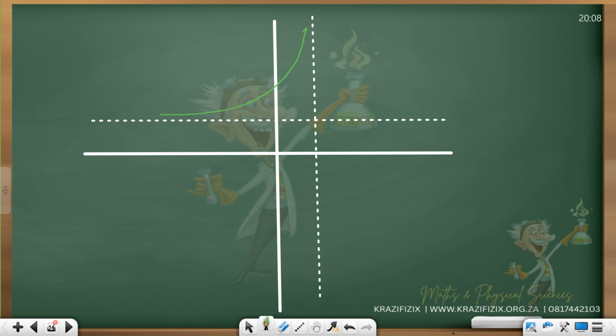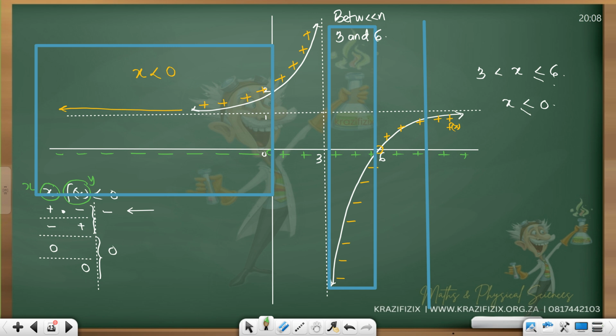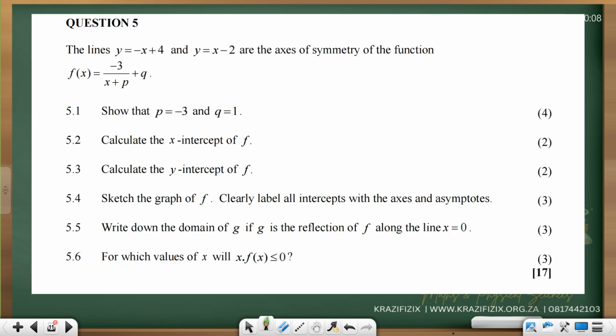We had a graph that looks like this, right? And this was 2. And we had a graph that looked like that. And this was 6. Guys, we were given something earlier on. Let me go back. We were given our axis of symmetry, minus x plus 4.